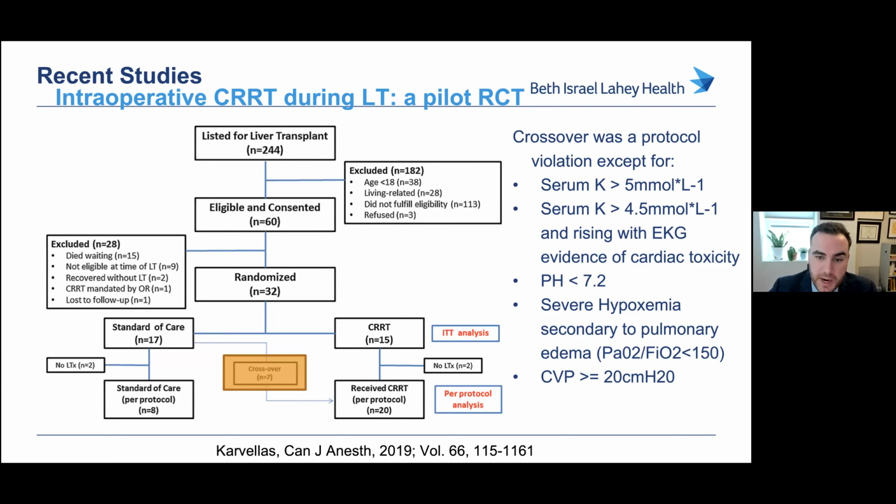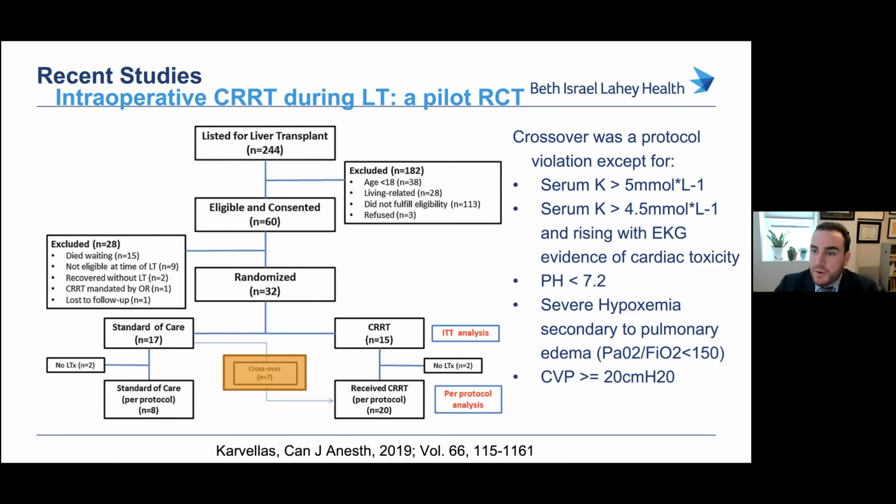So this was a trial designed to answer the question of whether or not we should use intraoperative renal replacement therapy, yet it didn't randomize all the patients, there were exclusion criteria for patients deemed too sick to be randomized to conservative therapy, and 7 out of 17 of those randomized to conservative therapy crossed over to intraoperative renal replacement therapy anyways.